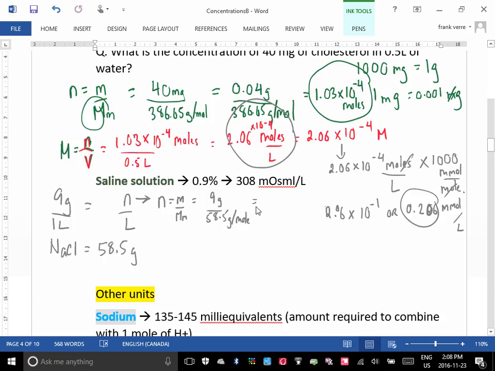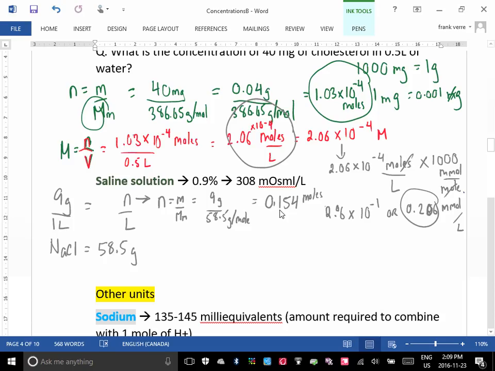So how many moles is 9 grams? 0.15? So we'll round it to 0.154 moles. So far, all we did was convert the mass to moles.